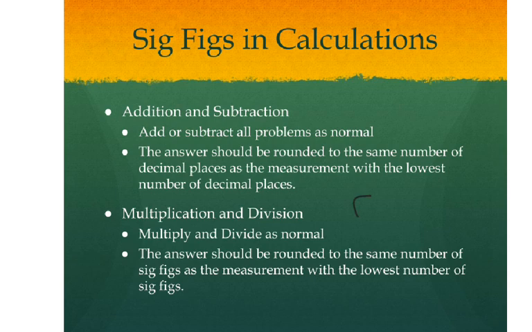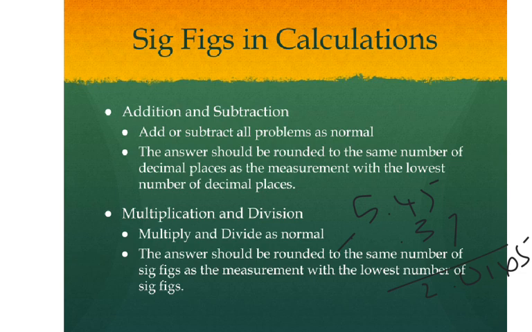So let's say I have 5.45 times 0.37. Okay, and I'm multiplying these numbers. So I'm just going to multiply as normal, 5.45 times 0.37, and I get 2.0165.